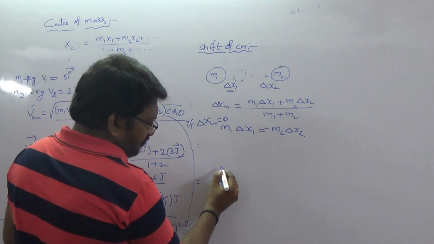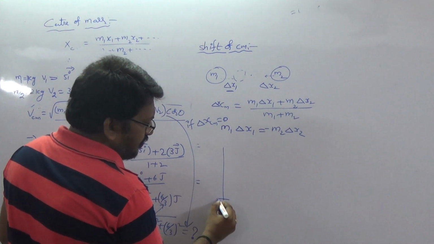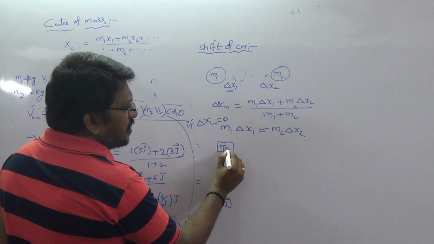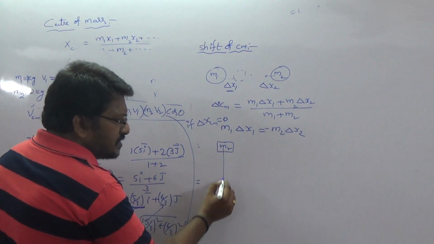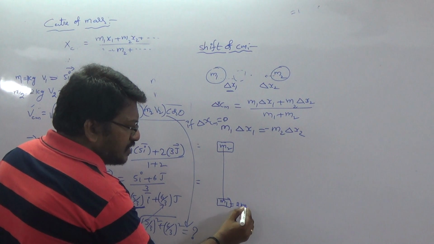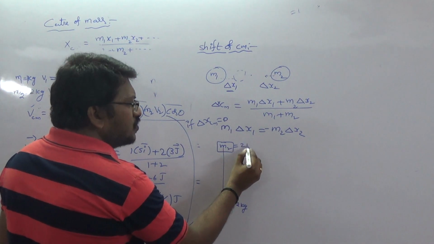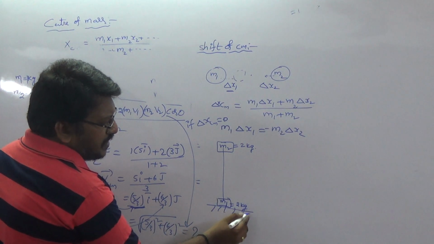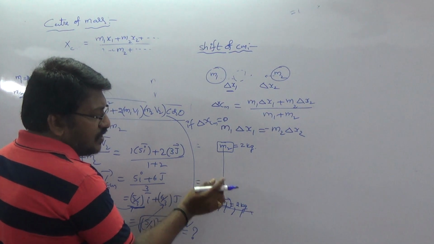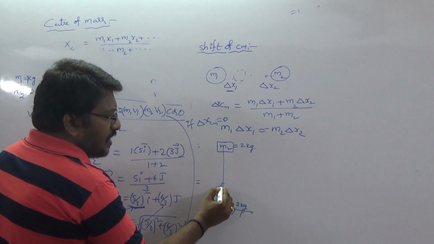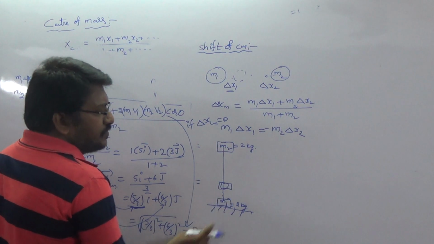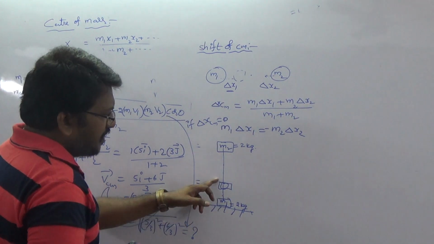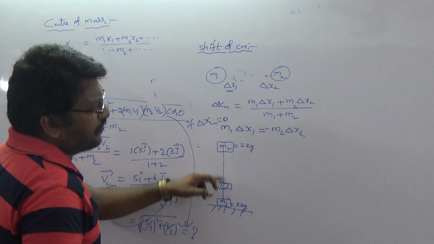For example, I am taking a y-axis, a block of mass m1 and one more block of mass m2. For example, this is 2 kg and I am taking this also as 2 kg, no problem. Now the first block is raised from the ground to a certain height. Now it is at this position. What is the rise of the center of mass? When it is shifted, the center of mass also shifts up or down.